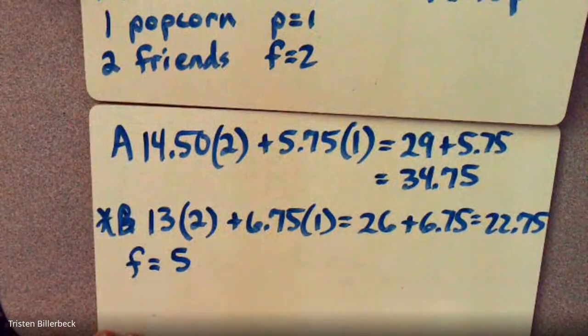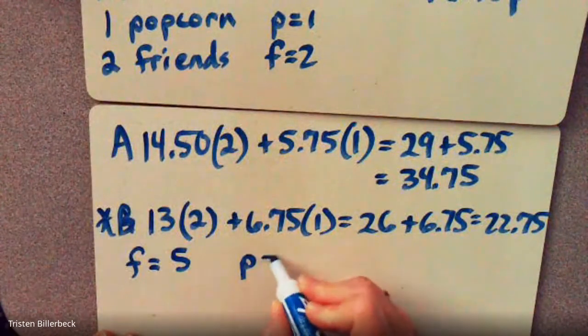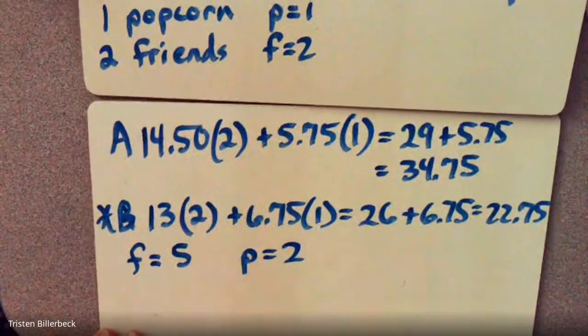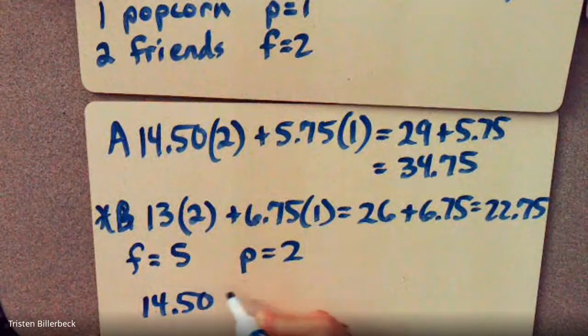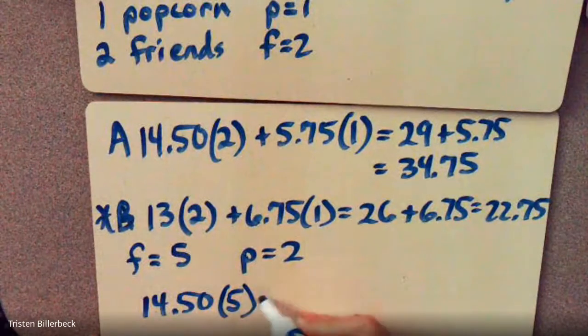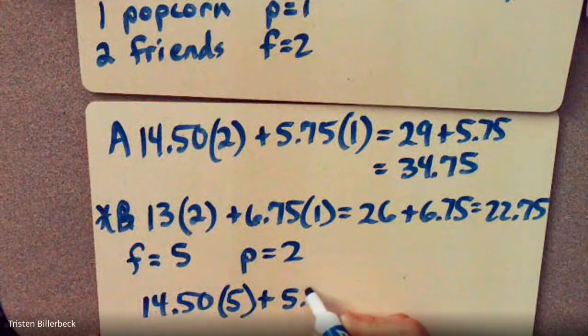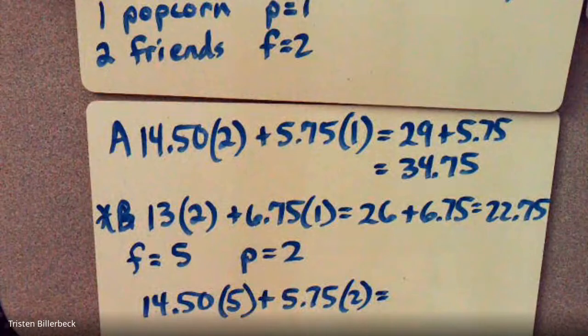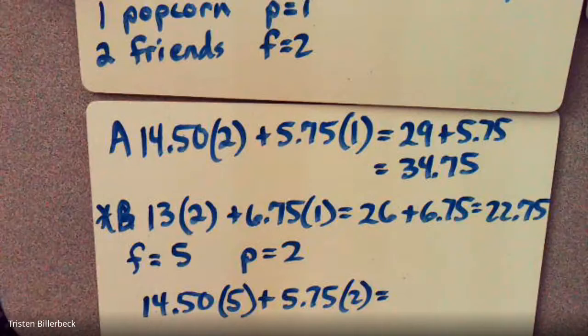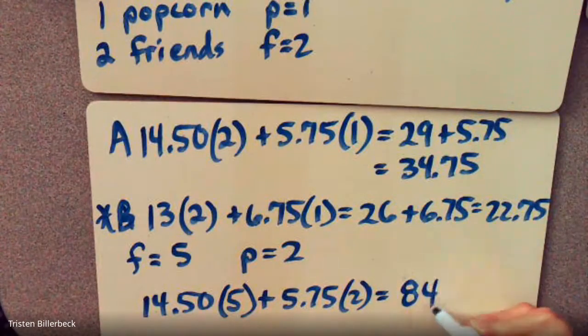So we put 14.50 times 5 plus 5.75 times 2, and we get $84. That's a lot of money.